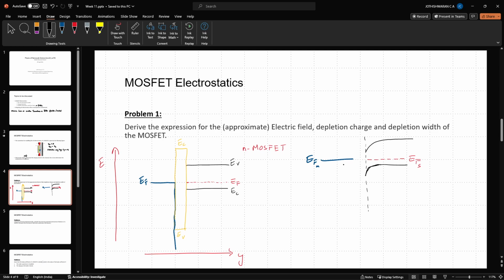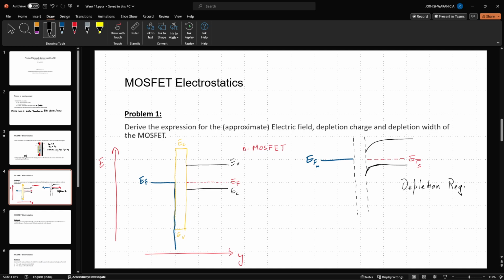This bending is caused by the influx of electrons from the metallic electrodes. This situation is what we call the depletion regime. We need not call it a regime per se, but nonetheless, this is the depletion regime.